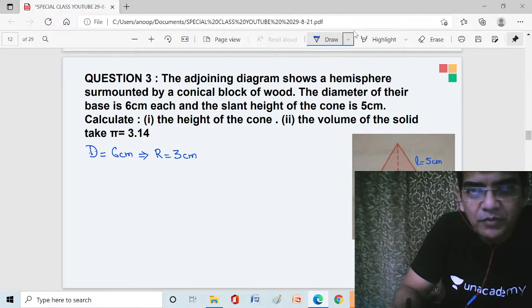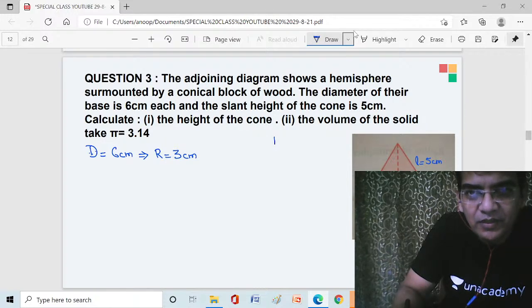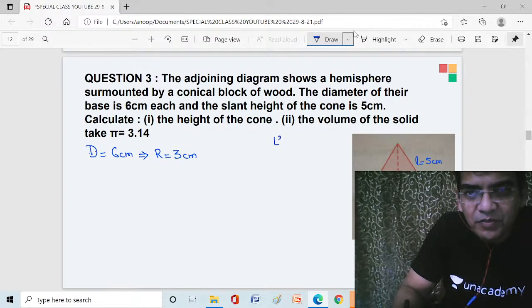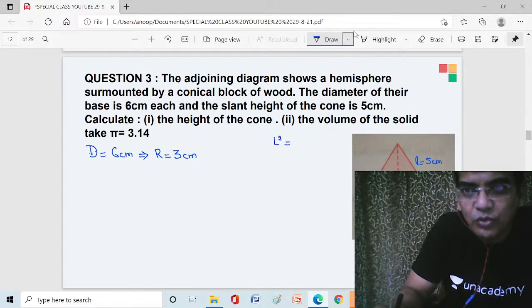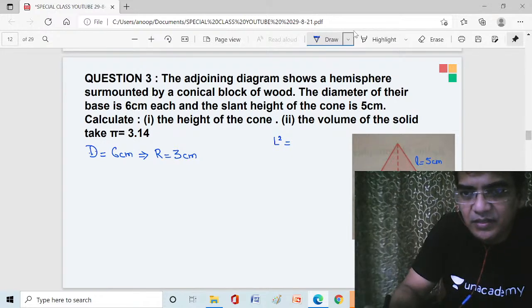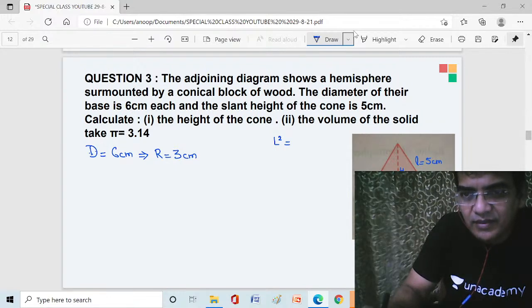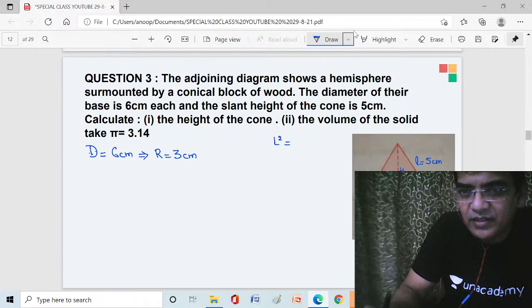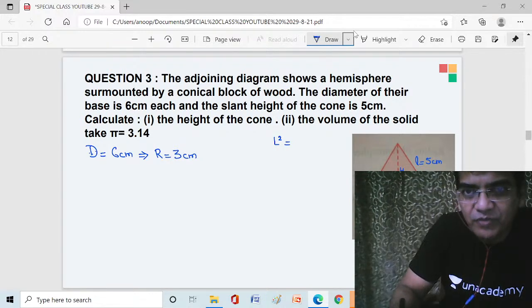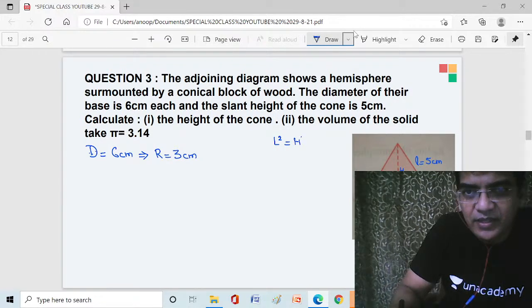You must be knowing this formula. This formula relates the three dimensions of the cone. A cone has three dimensions: slant height, height, and the radius, right? So this is the formula that relates the three dimensions.